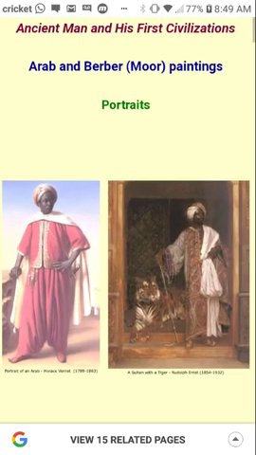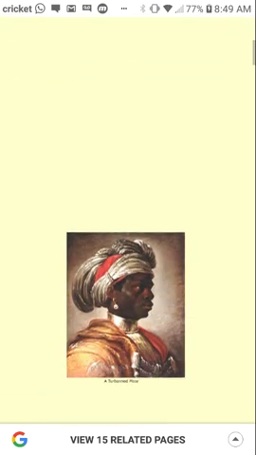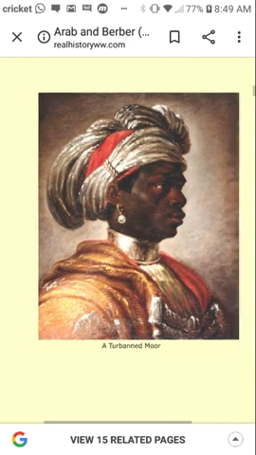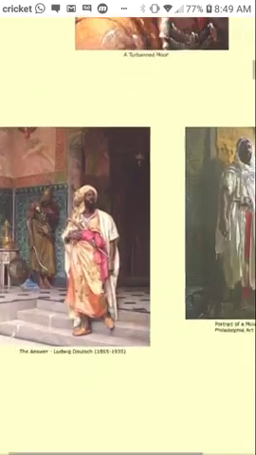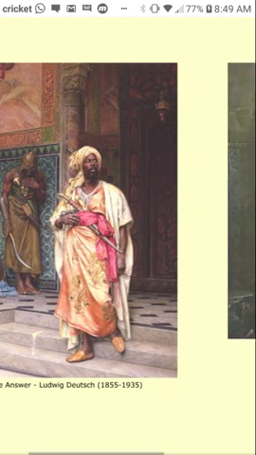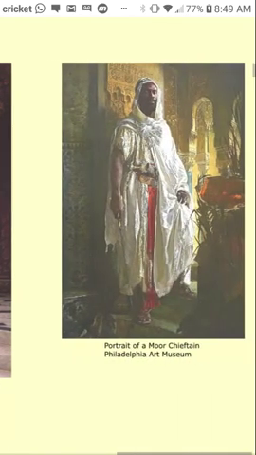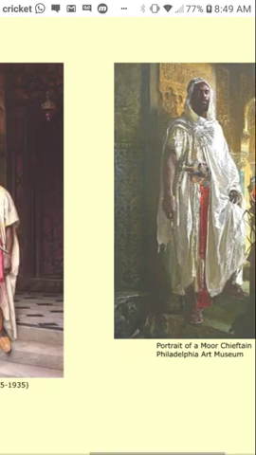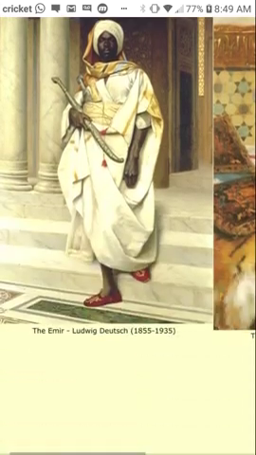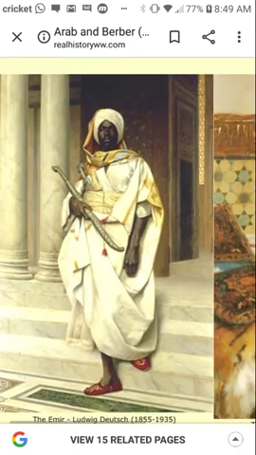Okay, so we can go down a little bit further. It says a turban Moor. Okay, and then you have the answer, Ludwig Deutsch. Okay, you have a portrait of a Moor chieftain, Philadelphia Art Museum. The Emir, black man.